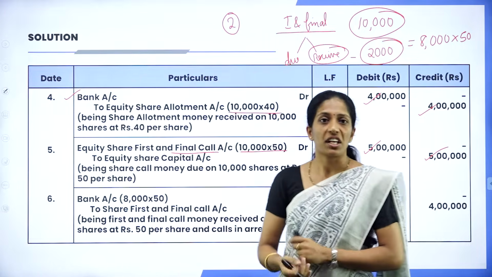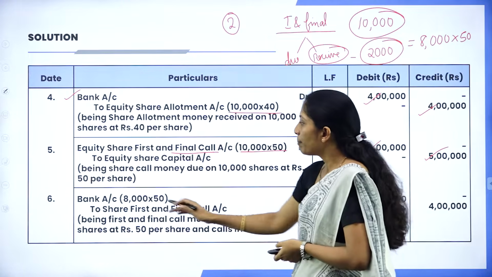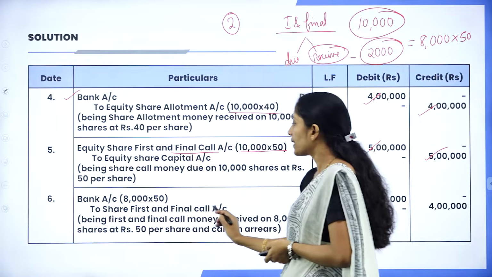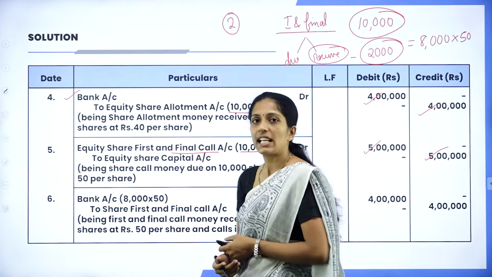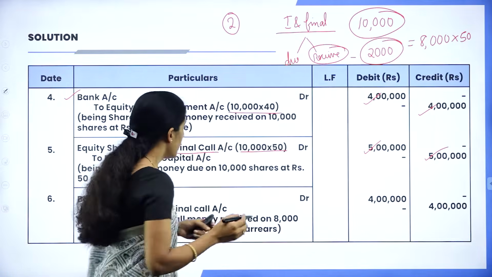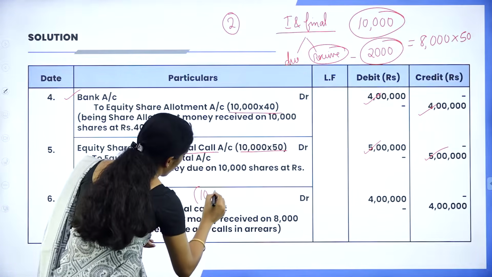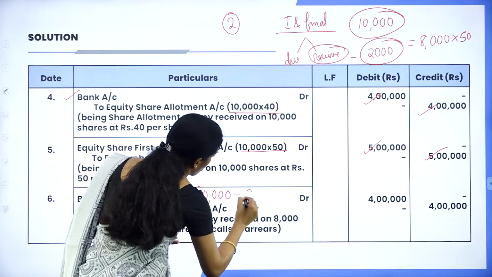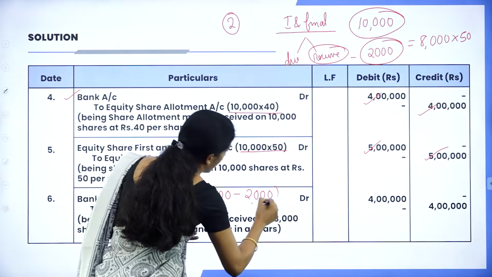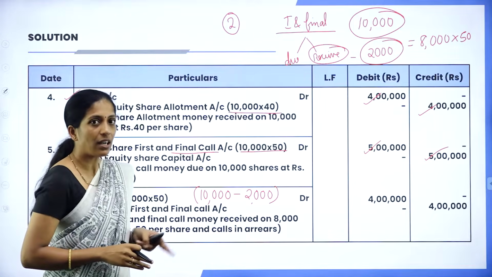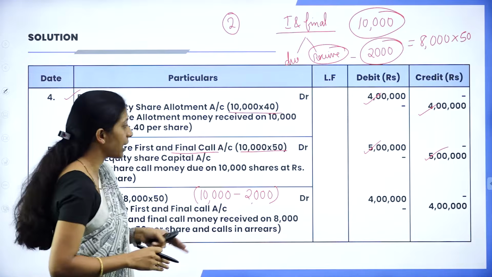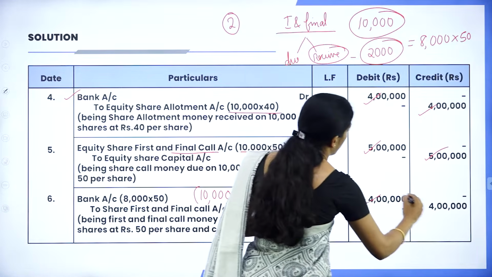So what would be your entry? Your journal entry remains the same. Bank account debit to equity share first and final call account. So why is it 8,000? As I told you, the number of shares is 10,000, out of which 2,000 shareholders have not paid the amount. In the sense, 8,000 shareholders have paid the amount. So 8,000 into 50. How much will I get? 4 lakh.